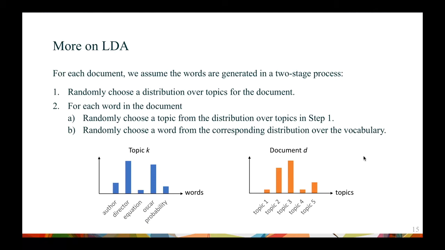So this gives us a way to think about how the data was constructed. Based on this idea, by collecting a lot of data, I can infer the distribution of topics in the document and the word distribution of topics. That's the basic idea.